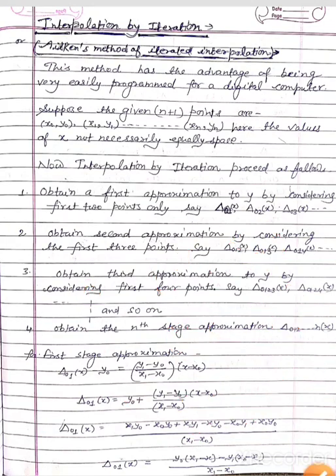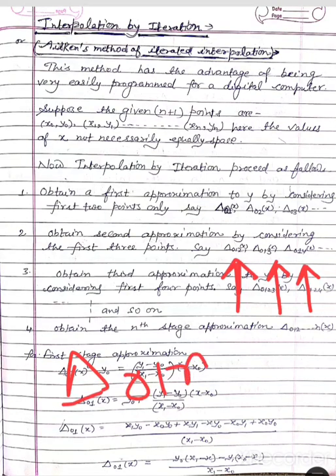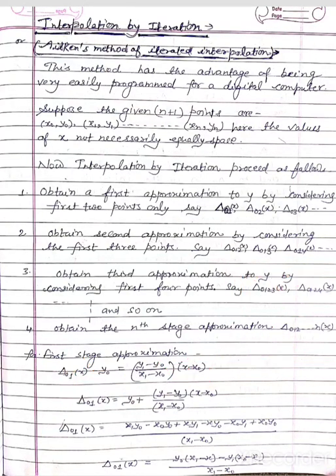By considering these 3 points, we obtain the second approximation delta 0 1 2 x, and by considering points 0, 1, 3, we obtain the second approximation delta 0 1 3 x. Again by considering the 3 points 0, 1 and 4, we obtain the second approximation delta 0 1 4 x, and so on. We obtain the last second approximation delta 0 1 n x. So we obtain all possible second approximations of the function.